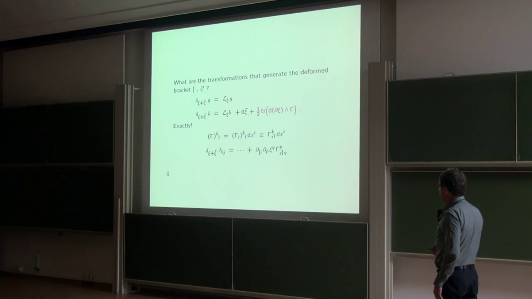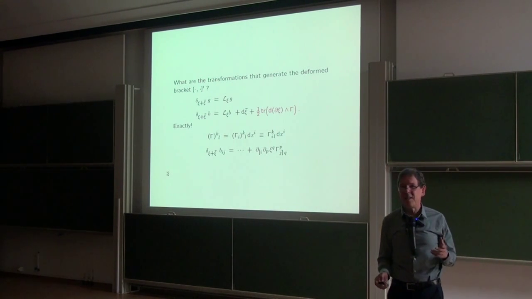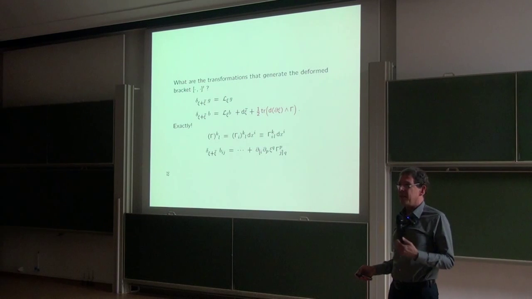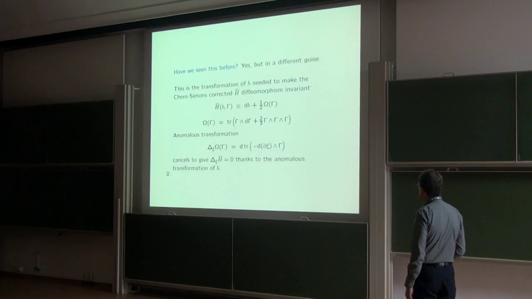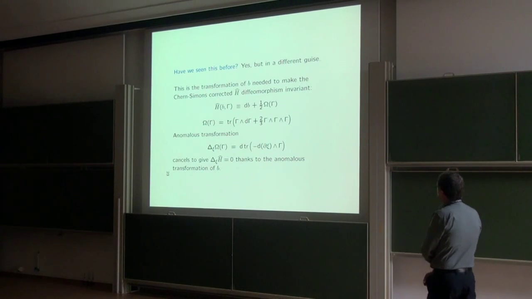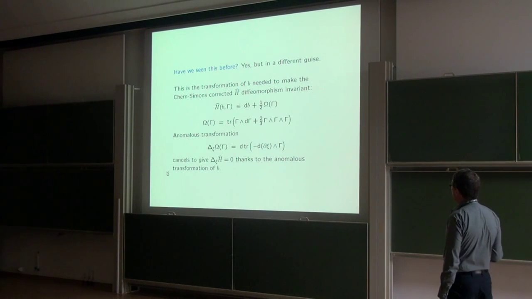And this is, in fact, the way the gauge transformation of the antisymmetric tensor field is modified in the Green-Schwarz mechanism. Indeed, in the Green-Schwarz mechanism, this is the transformation of B that you need in order to make the Chern-Simons corrected field strength for the B field.